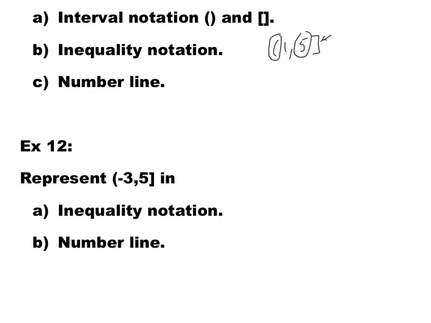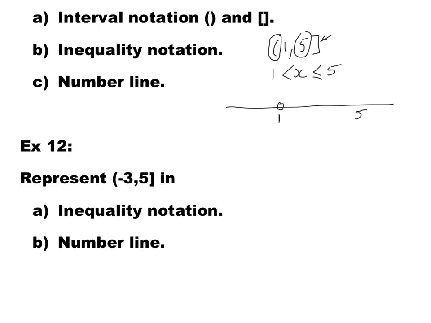You can also use inequality notation. For instance, for this example, I can write that variable x is less than or equal to 5, but greater than 1. This is the inequality notation. And the number line for this example is, if this is 5 here and 1 is here, then we know that 1 is not included because of the open bracket here, so it's going to be a hole here.